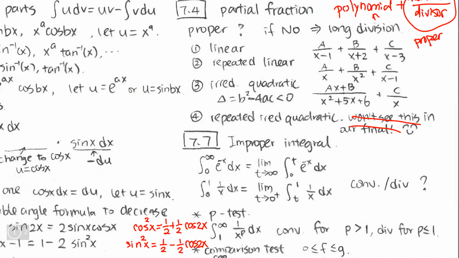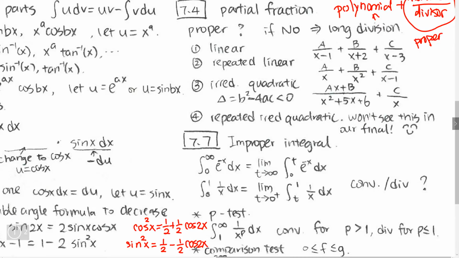One type is I give you a complicated fraction and ask you to set up how to decompose it into simple proper fractions. Then you're going to expect what? The constants A, B, C, D, E, F, G, H, I, okay? And the second type is I actually ask you to solve the integrals. In this case, you will see at most 4 constants, okay?